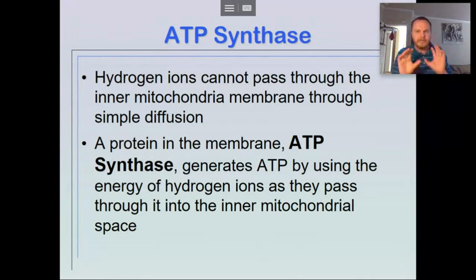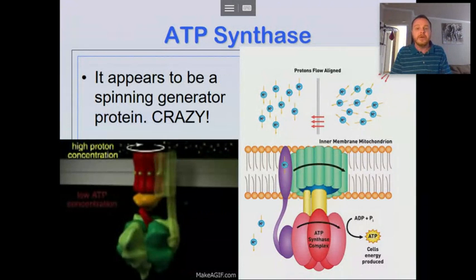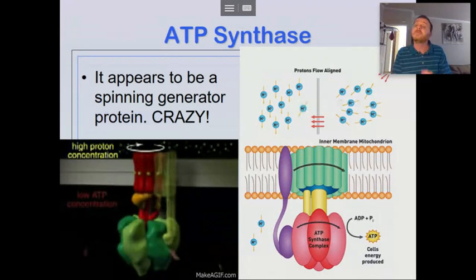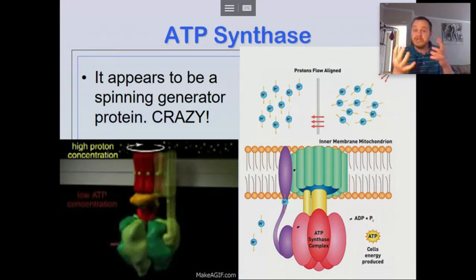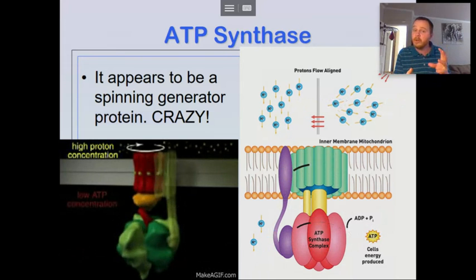And I've not found if we know exactly how that generates ATP, but basically this ATP synthase uses those flowing protons, those flowing hydrogens, to turn parts of this big protein molecule that changes shape in another part of the molecule.